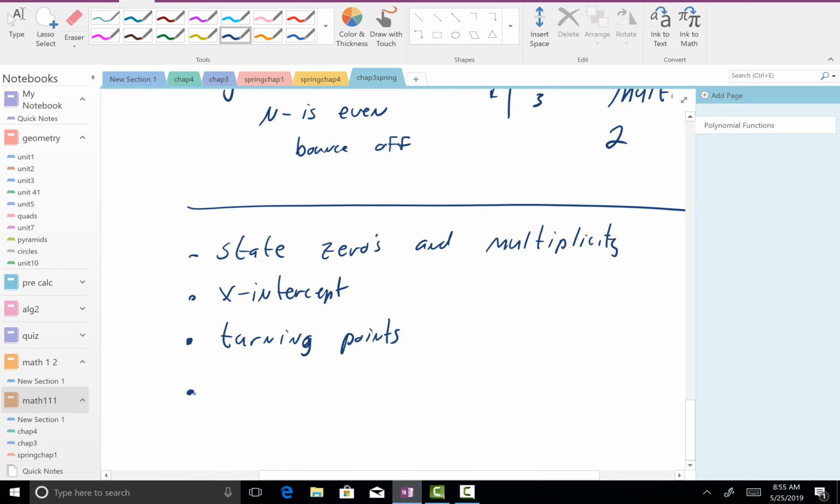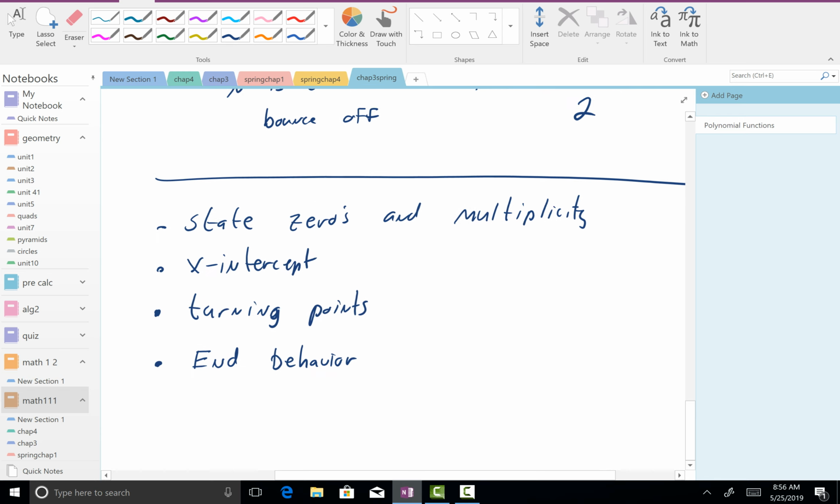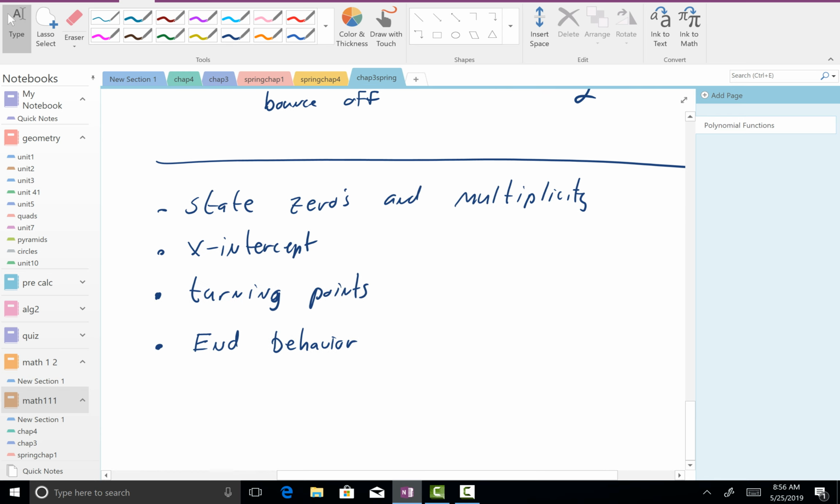Okay, so they're going to give you some polynomials. We're going to look at them and answer those questions. They could be in any form, so let's do some in both forms. Number one, let's do one like this.